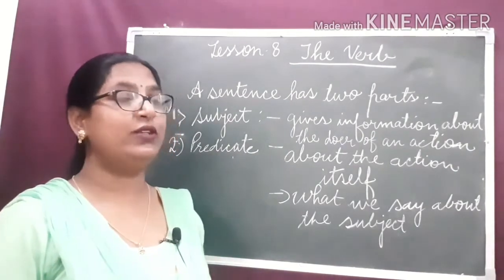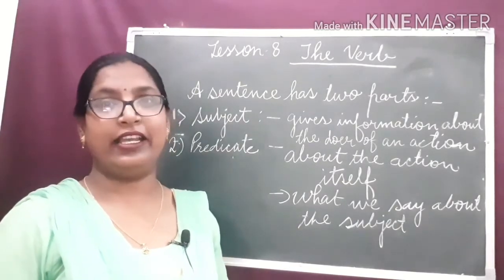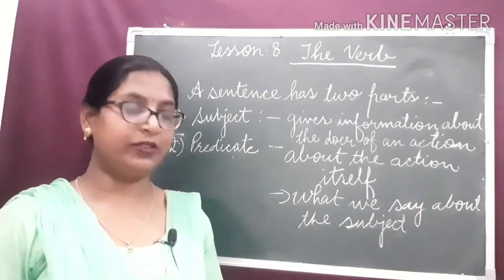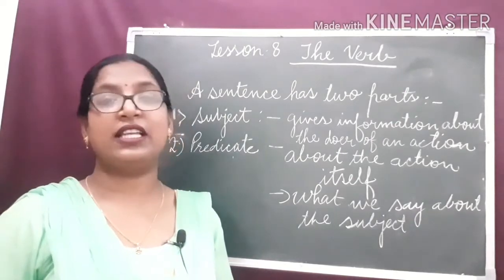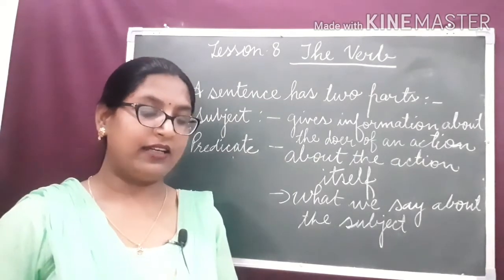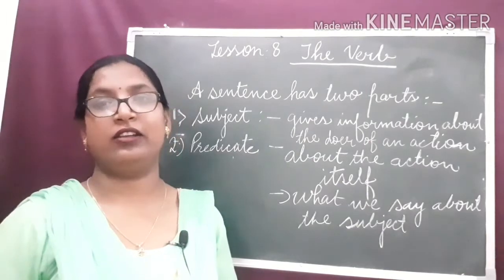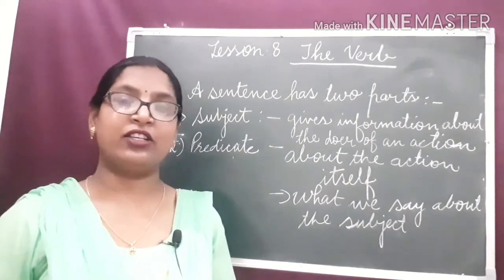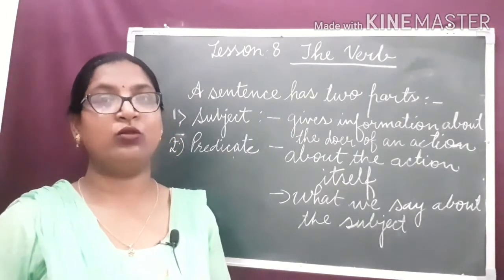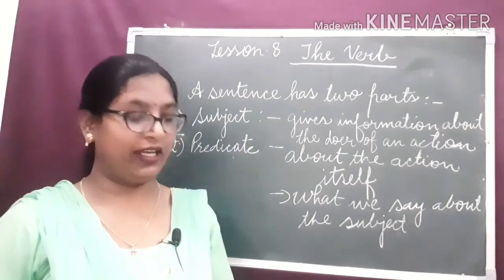Today, we are going to start a new chapter, that is Lesson 8, the verb. Verbs are the action words in a sentence that describe what the subject is doing. They tell us about the action done by its subject.